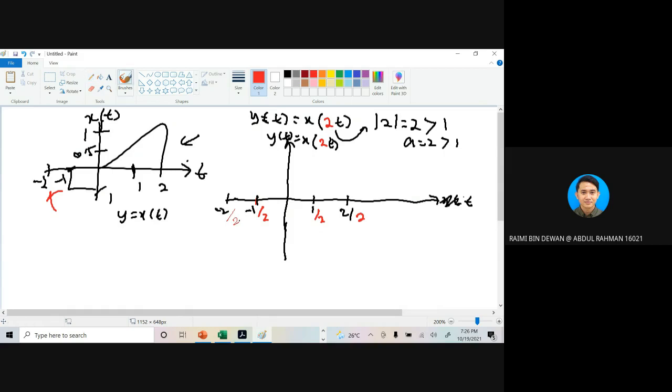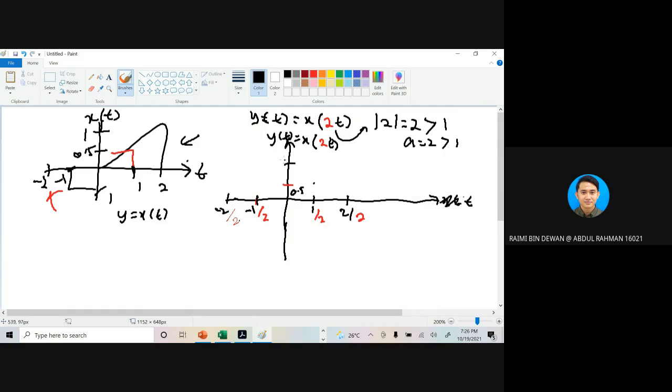Now you can see this one is actually having amplitude of 0.5. So here you can see amplitude doesn't change, so 0.5. I put in black color the things that don't change. And then the next one is 2 here, the amplitude is still the same, which is 1.